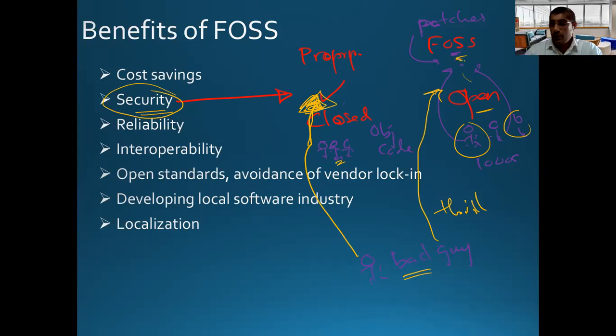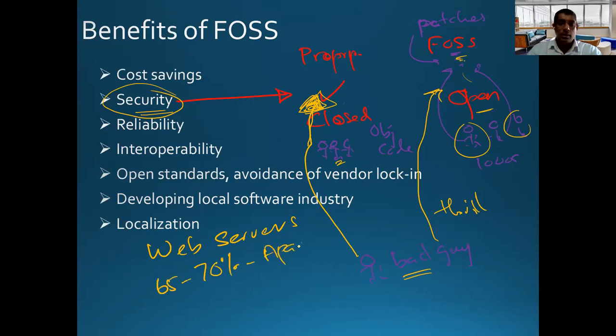Because today we use web servers, right? If you look at the web server market share, I think 65% to 75% is Apache. Apache has its own license that we talked about earlier as well.